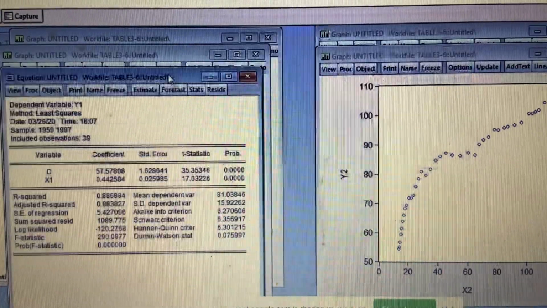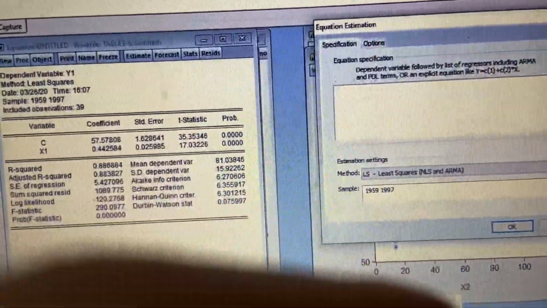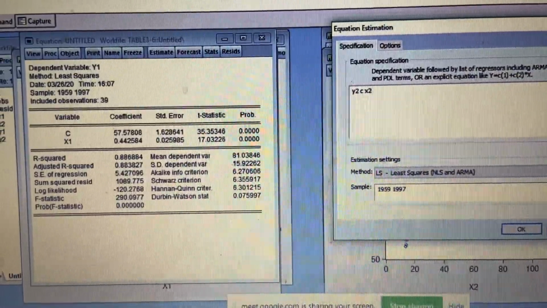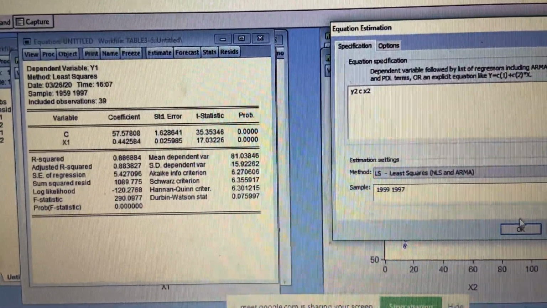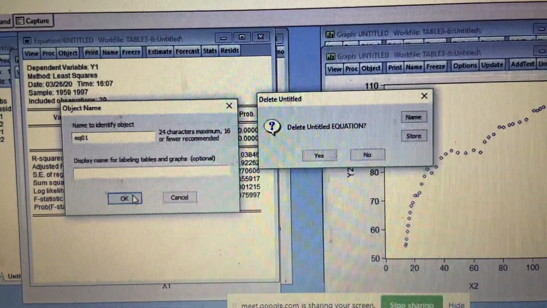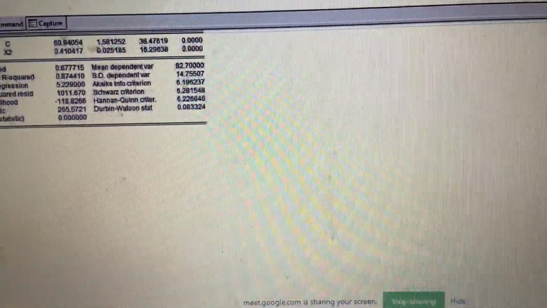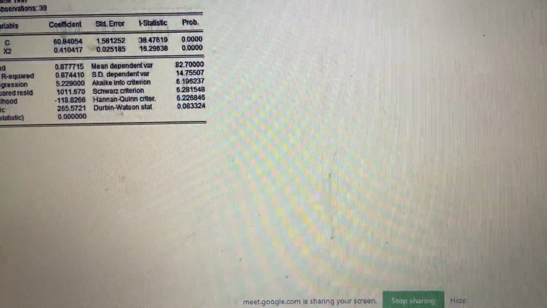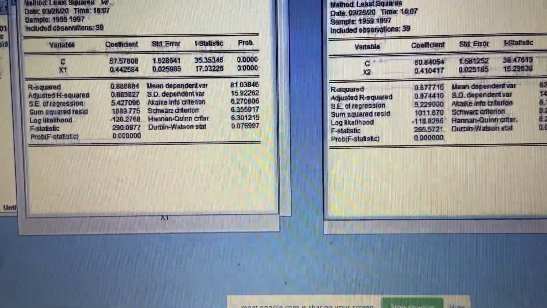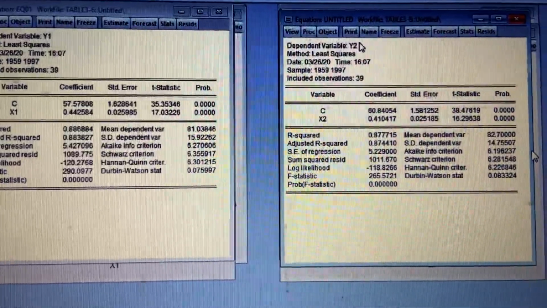Okay, so we have this one, and the second one is y2 c x2. All right, so we have another equation for the non-farm sector. So we have to rename. This one has dependent variable y1, and this has dependent variable y2.